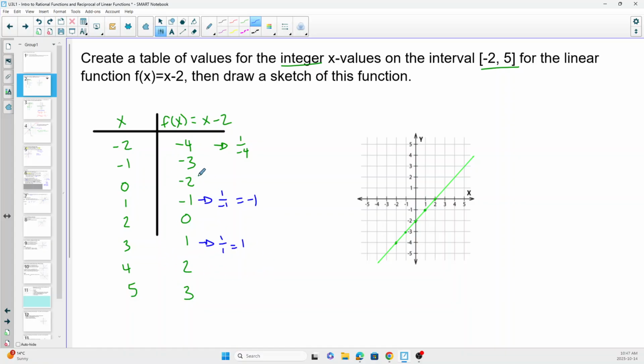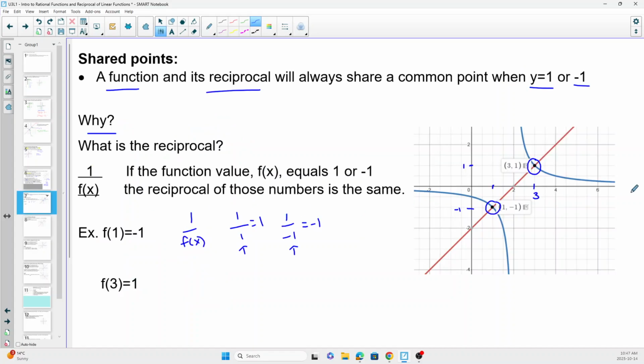Whereas for all the other values, it significantly changes, because 1 over 2 is a half, which is not the same as 2, and 1 over 3 is a third, which is not the same as 3. So this only remains true for when the original function had a y value of +1 and -1. The reciprocal will also have a function value at those same x points, and that becomes the 2 shared points of the original function and the reciprocal function.